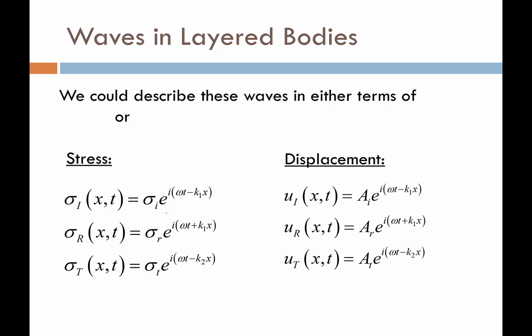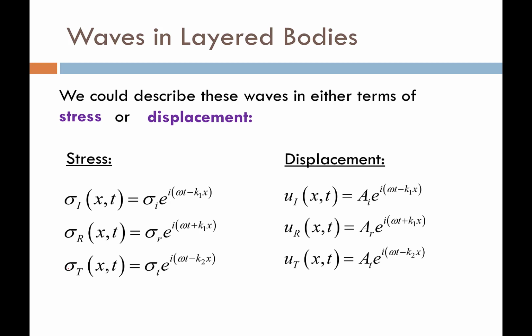But we want to now predict what the reflected and the transmitted displacements and stresses are going to be. So we can describe these waves either in terms of stress or displacement. And whenever you see a subscript I, that means our incident wave. If you see R, that means our reflected wave. And if you see T, that's our transmitted wave into the second material.